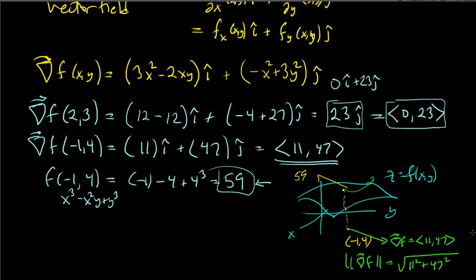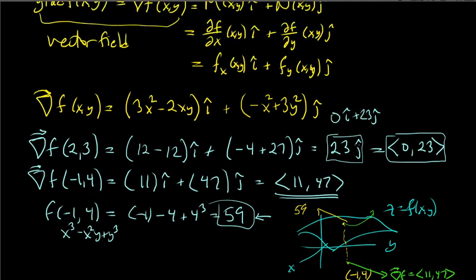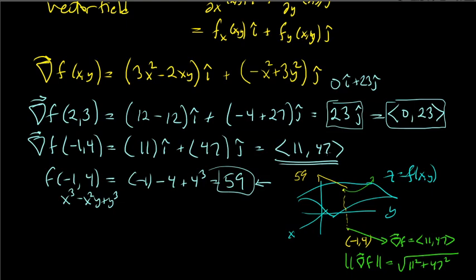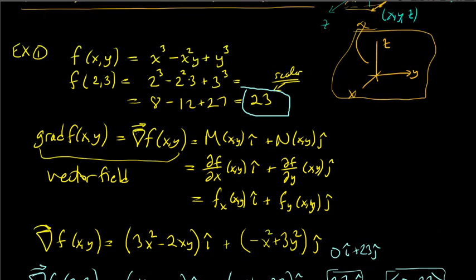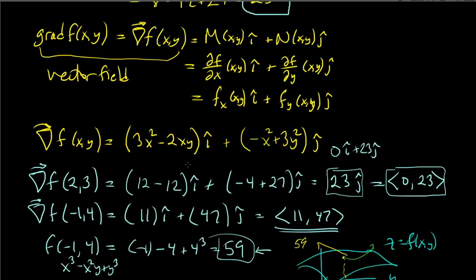That's the maximum directional derivative at that point. We talked about that way back in chapter 13, and here it is again: the gradient of a scalar function gives you a vector field.